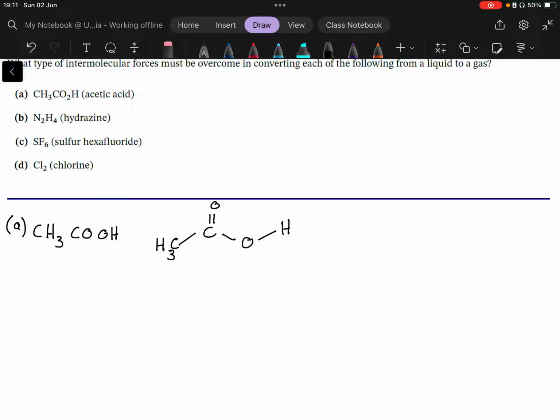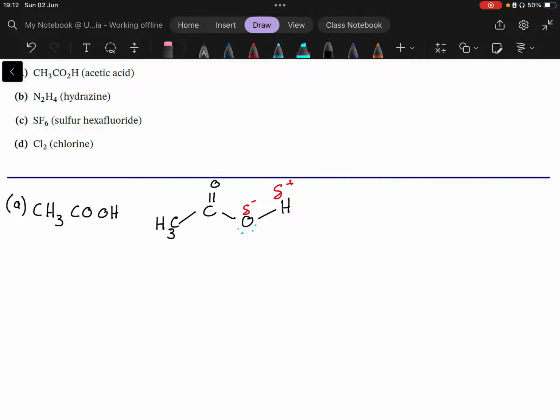And that OH is the important part, because that means there is a polar OH bond present in this molecule. So it's slightly positive, slightly negative, and oxygen has two lone pairs. This allows it to have hydrogen bonding. Even if you haven't had an organic course before, if you know that there's a polar OH bond, then you know that other molecules in interaction with each other will be able to form hydrogen bonding.